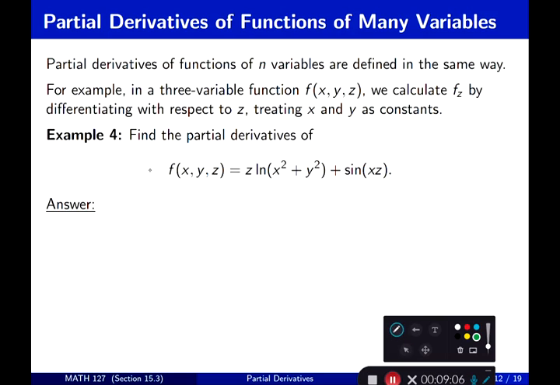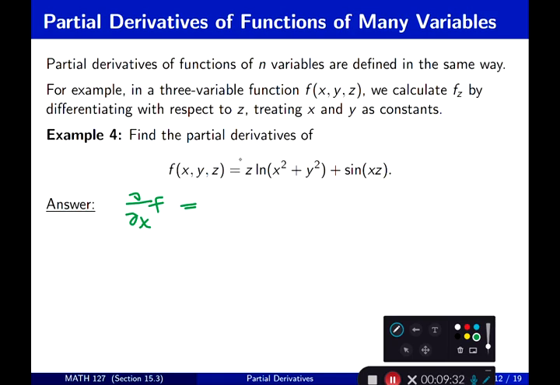So let's start with partial with respect to x. Partial with respect to x, we have to set y and z both as constant. So we're trying to find partial with respect to x of f. See, this is 3 inputs and 1 output, right?